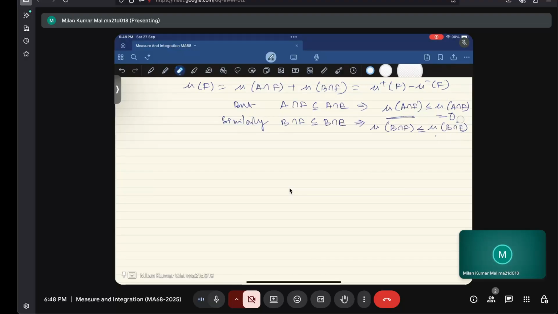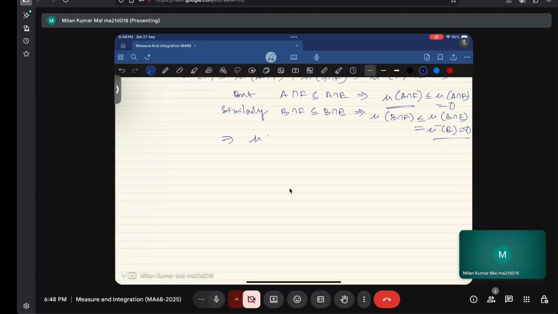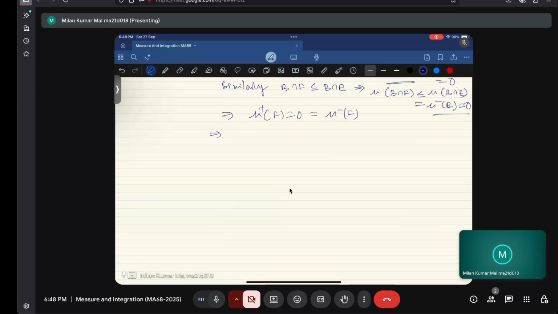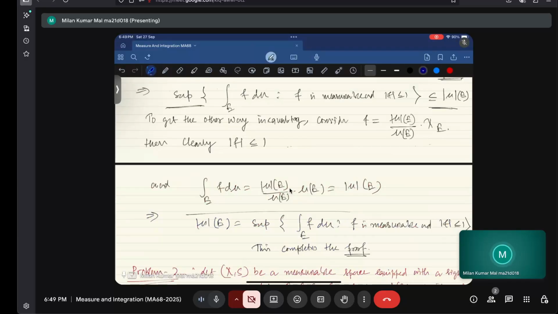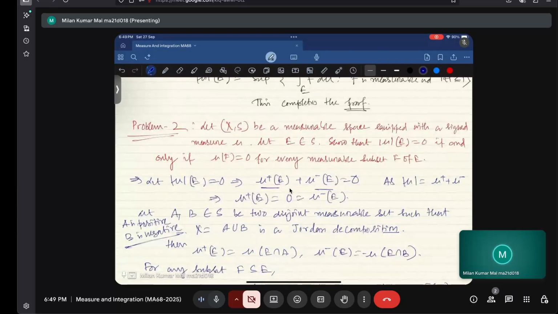So you can write it here. This is equal to mu minus and this is equal to 0. This is what we got. Okay, so this gives mu plus F is equal to 0 is equal to mu minus F is equal to 0. This gives mu of F equals 0. This is what it is, the first condition, right? And mod of mu is also equal to 0. Mu of F equals 0.